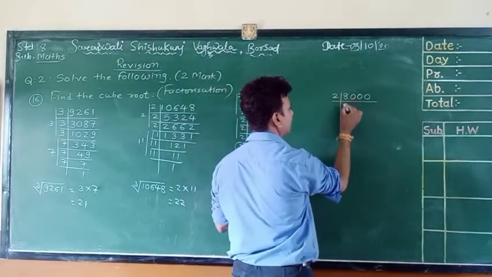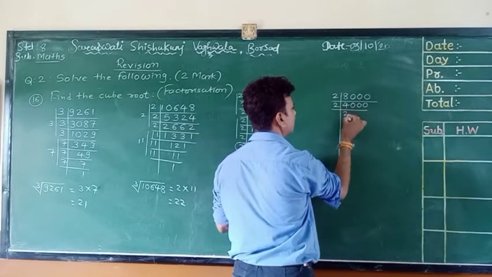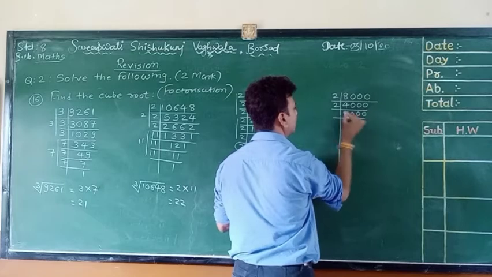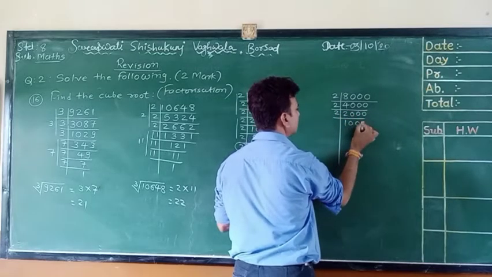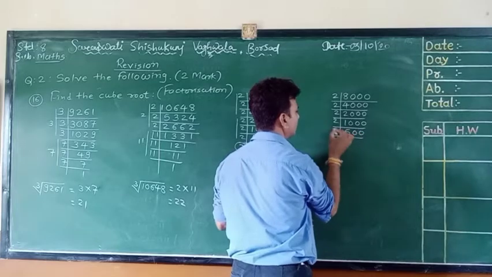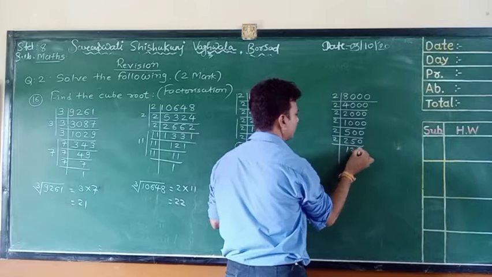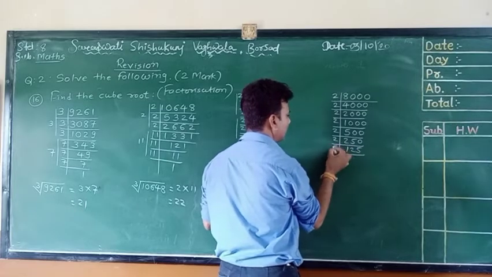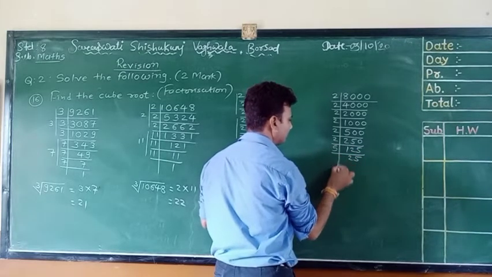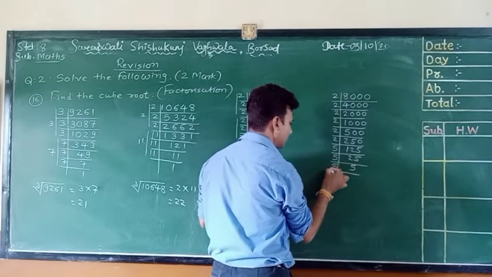Now 8,000. Now we will start from 2. 2 2s are 4. 2 1s are 2. 2 5s are, 2 3s are, 25 and this 5 25. Here also 5 5s are, and 5 1s are 5.